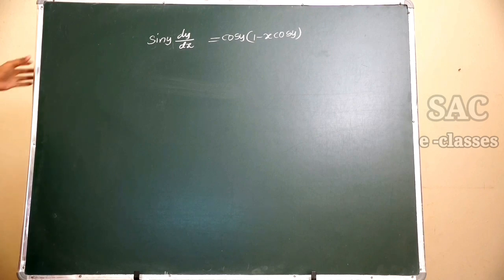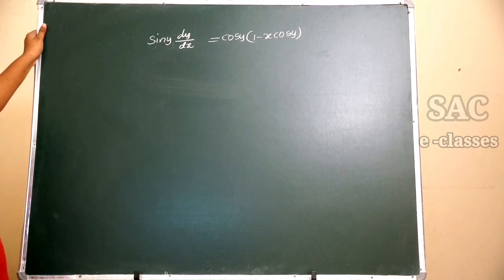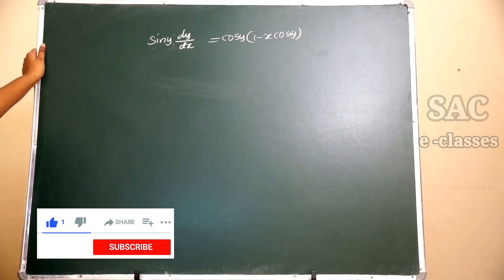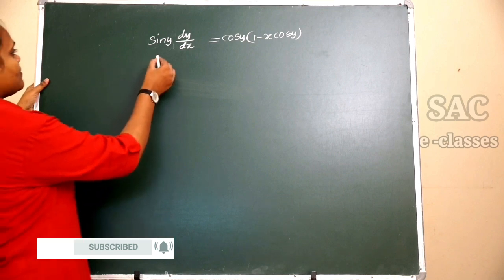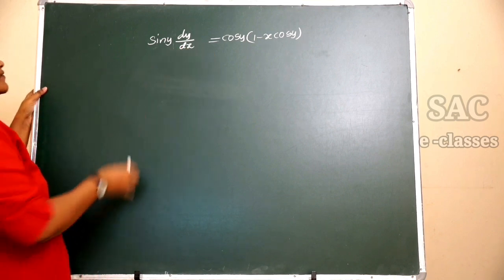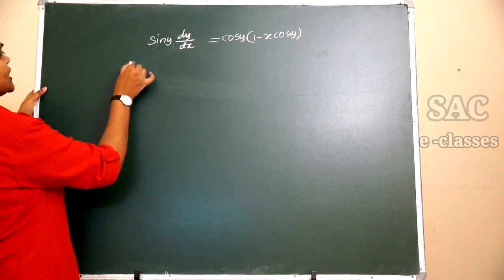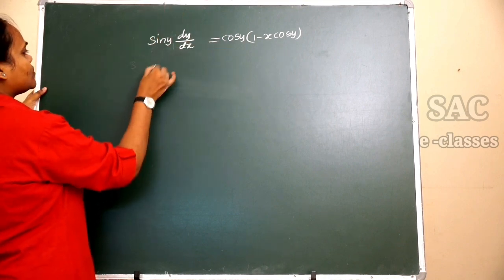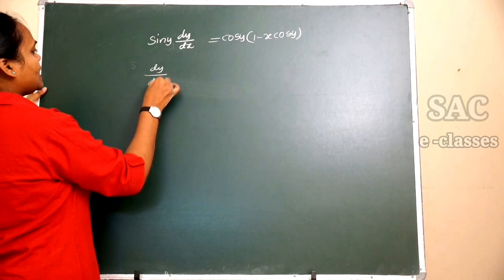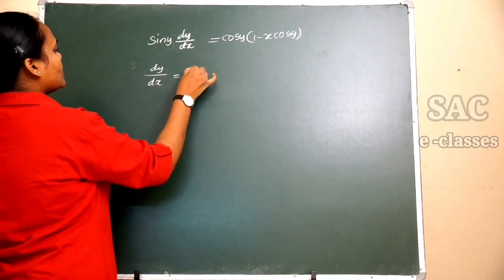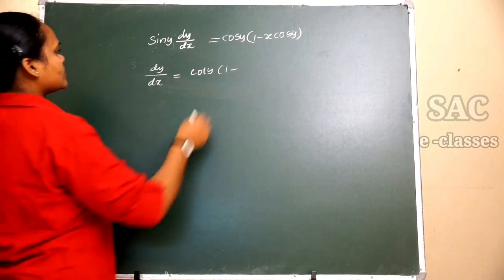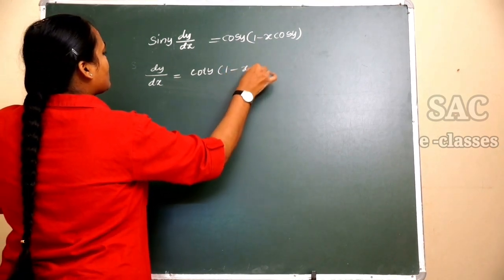Find the solution of the differential equation sin y dy by dx equal to cos y into 1 minus x cos y. Like the previous problem, if you wanted to do this one with the linear differential equation, I am going to divide by sin y to that side. So dy by dx is equal to cot y into 1 minus x cos y.